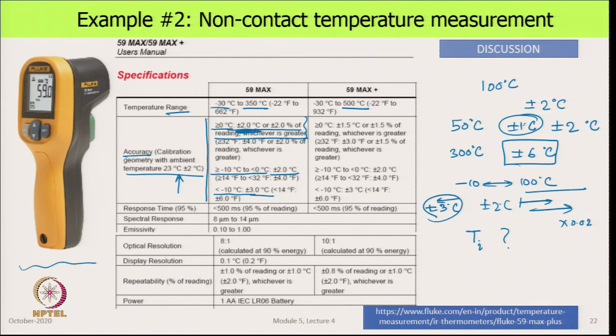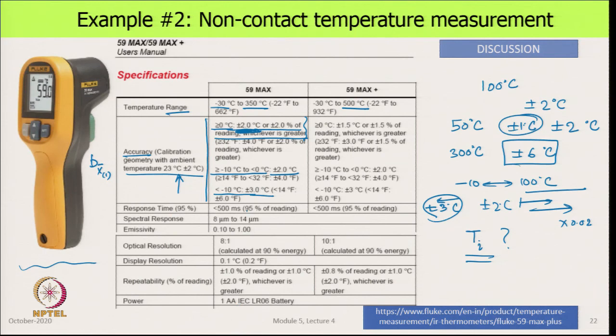Many of them will be quoted like this. So, that is one thing that comes up. There is one systematic standard uncertainty because of accuracy, which depends on the temperature itself, what is being measured.